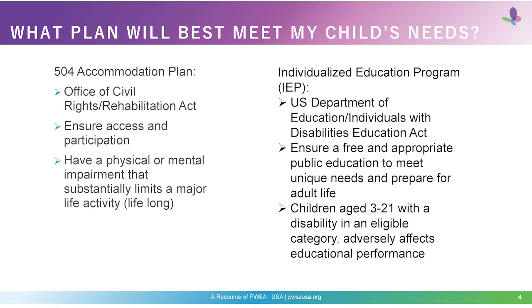Here in New York, our identifications are based completely on what the federal government outlines through IDEA. So they talk about things like speech and language impairments, visual impairments, emotional disturbances, autism, traumatic brain injuries, other health impairments, learning disabilities.